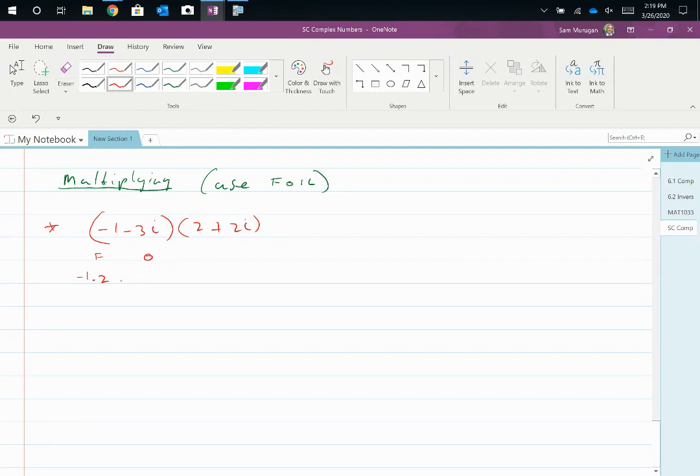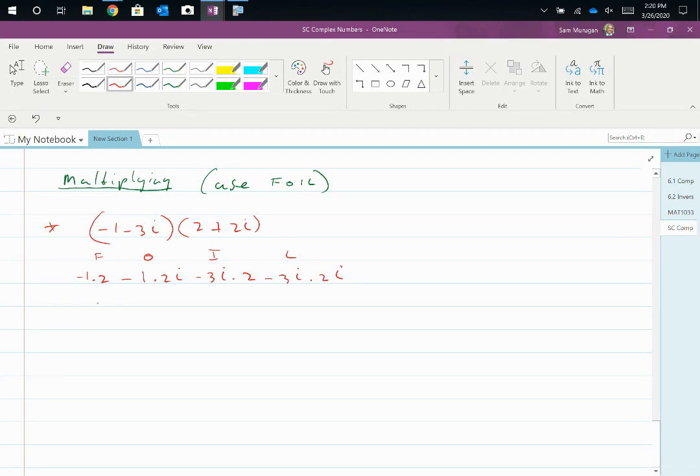Outside, negative 1 times 2i. Inside, negative 3i times 2. And last, negative 3i times 2i.